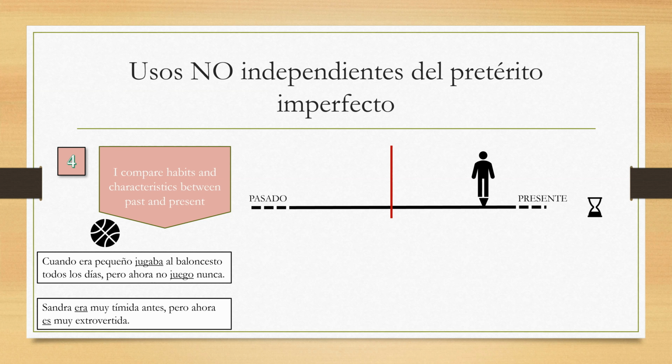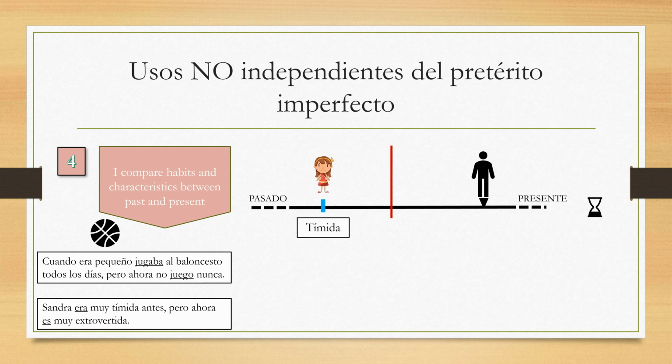Sandra era muy tímida antes, pero ahora es muy extrovertida. Looking at these 2 sentences, I have 2 verbs in each. Jugaba, juego. Era, es. It's the same verb. One is in pretérito imperfecto to talk about the past, and one is in the present to compare.